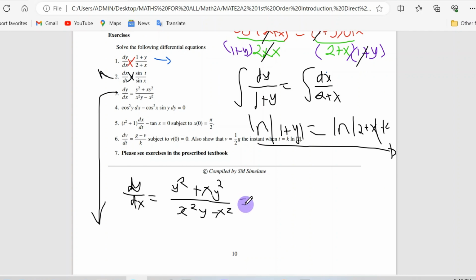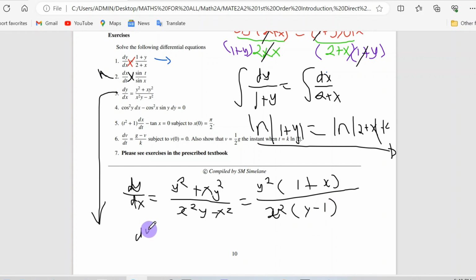First thing first, we need to factor out y squared, (1 plus x), divided by x squared, (y minus 1). Now we have dy over dx equal to this kind of a thing.